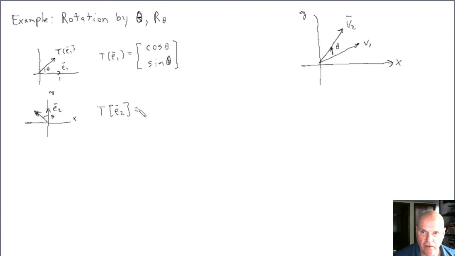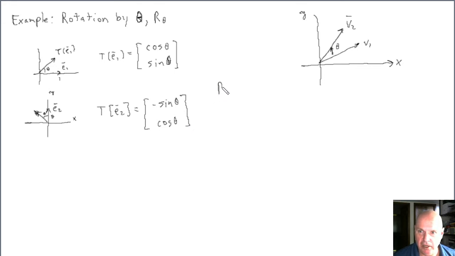But then the coordinates of this vector, again, this is the angle theta here. This distance is actually now the sine of theta, and it would actually be minus sine of theta because it's in the negative x direction. And then this distance, the y distance, is actually the cosine of that angle, cosine of theta.